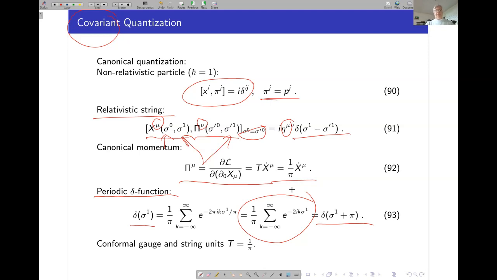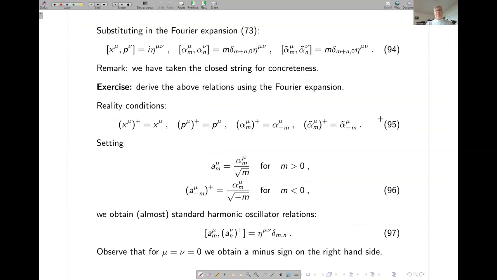If we take, or postulate, these commutation relations (91) and substitute in the mode expansion, we get a set of commutation relations for the modes or components. For x and p, we get something which looks similar to what we have for a particle, which we expect since we know that the center of mass moves like a relativistic particle, but it involves eta mu nu, the indefinite space-time metric.